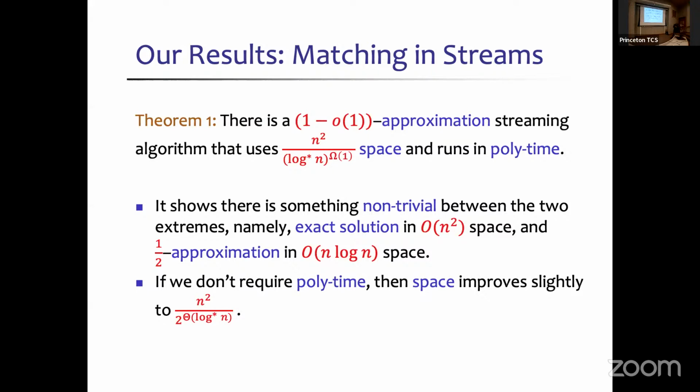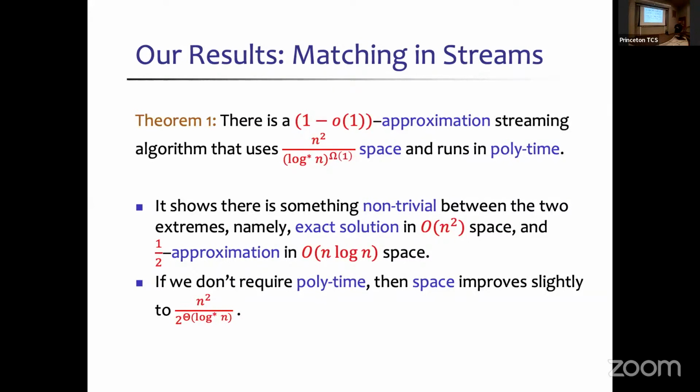And the algorithm runs in polynomial time. The way to think about this result is that it shows there is something non-trivial between the two extremes, but the hope was to get space which beats n squared by a polynomial factor, and here the improvement is only a polylog star n.